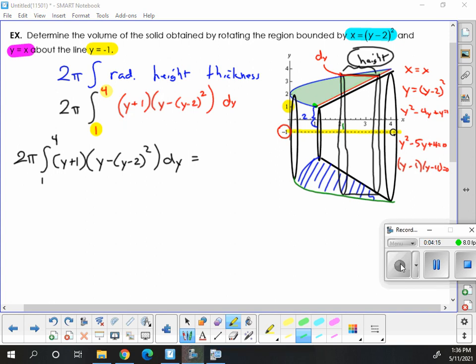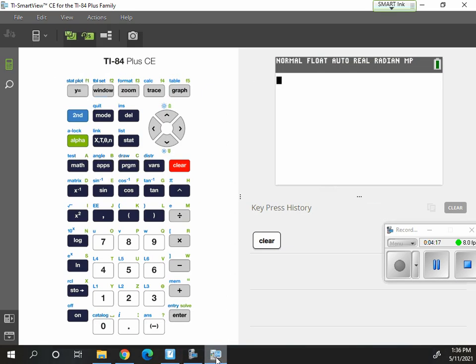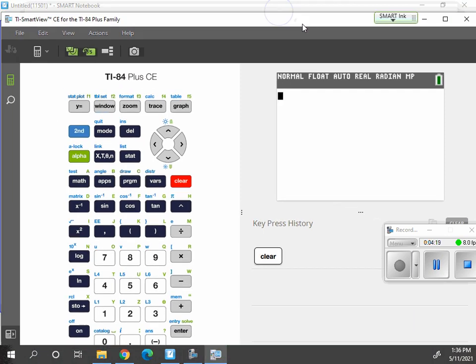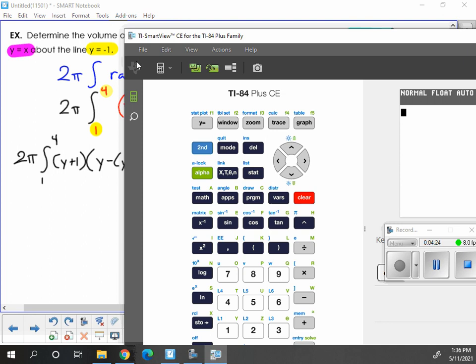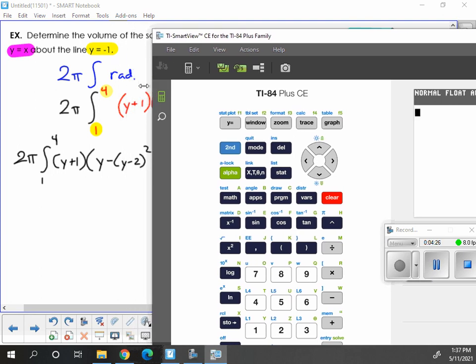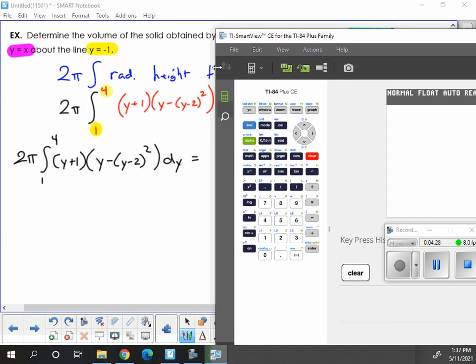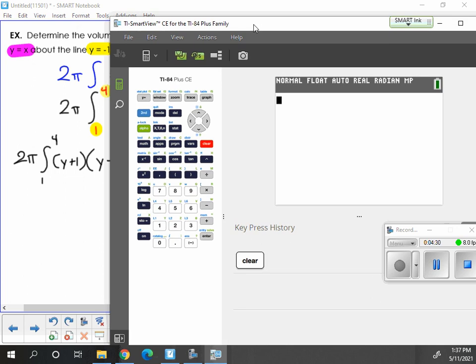So let's go to our calculator and let's see if we can figure this out. Can't get it to change size. Let's see if I can figure this out.